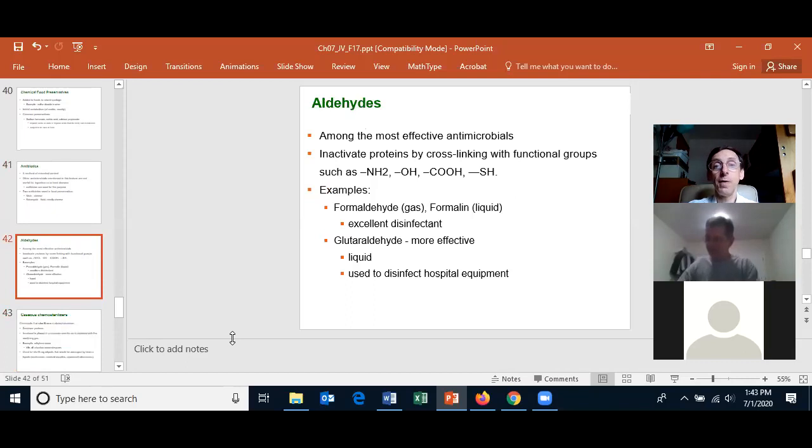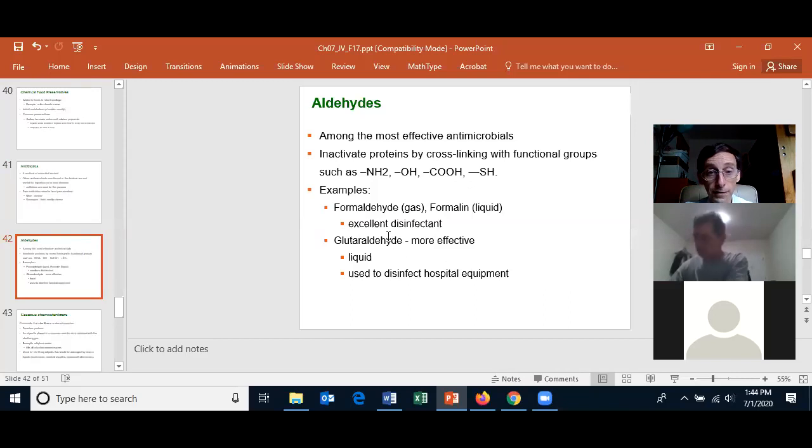Aldehydes, they're among the most effective antimicrobials. They inactivate proteins by forming crosslinks in the functional protein groups, such as the amine group, OH groups, the COOH group, the carboxyl group, and the sulfhydryl group.